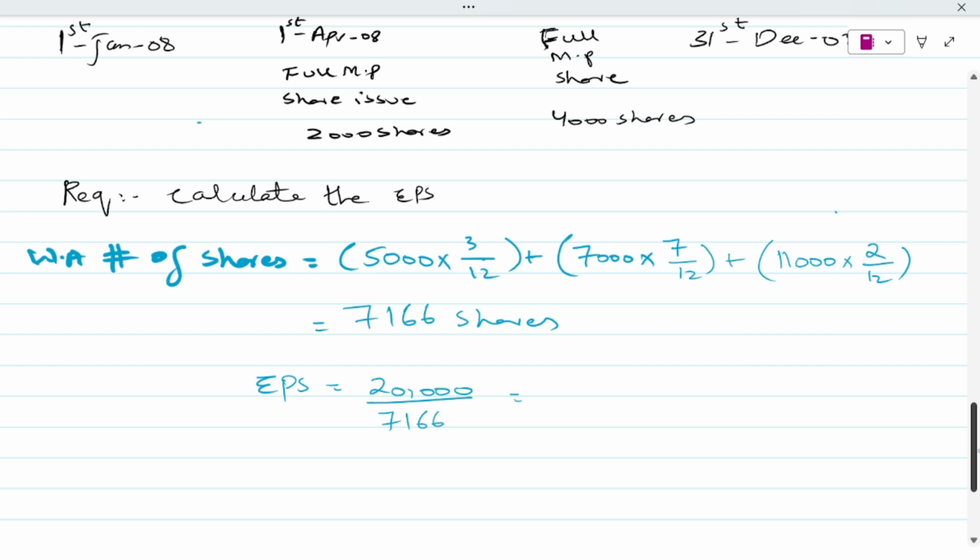So 20,000 divided by 7166. How much is that going to be? Let's calculate and see. That's 2.79, or you can just round it off to 2.8. So $2.8 worth of EPS.